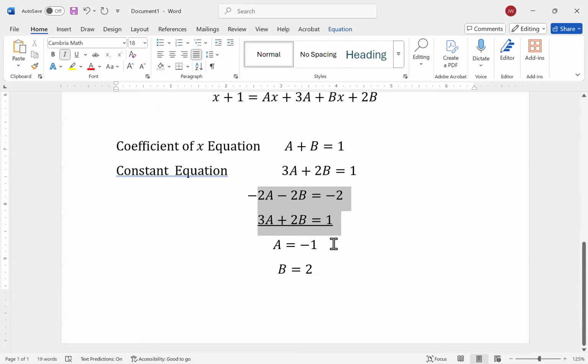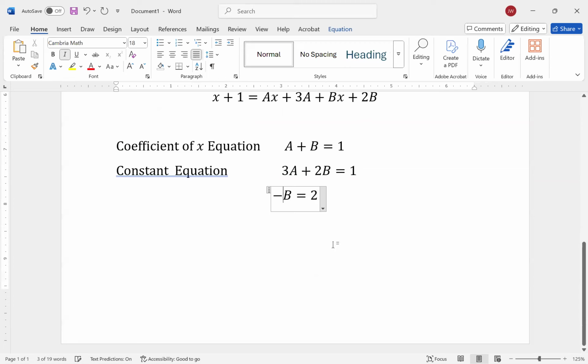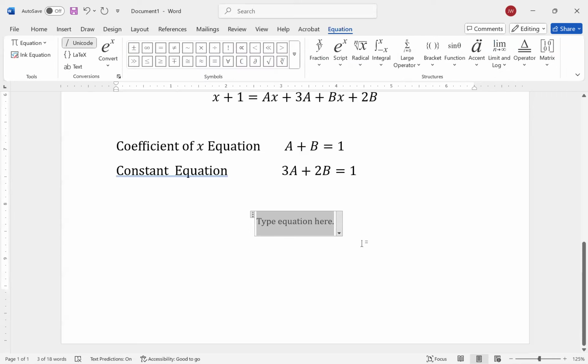You could have also utilized the substitution method. You could have said b is equal to 1 minus a by subtracting a from both sides of the first equation. And then in the second equation, you could have replaced the b with 1 minus a.